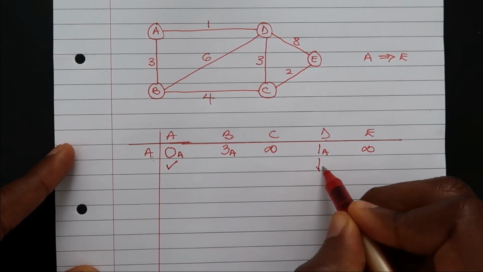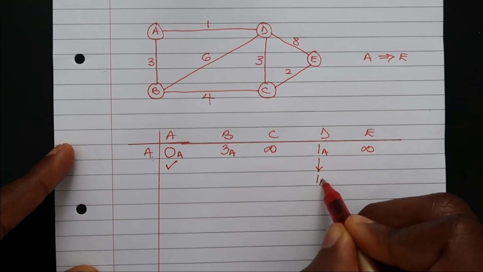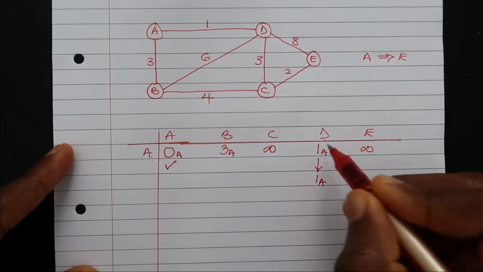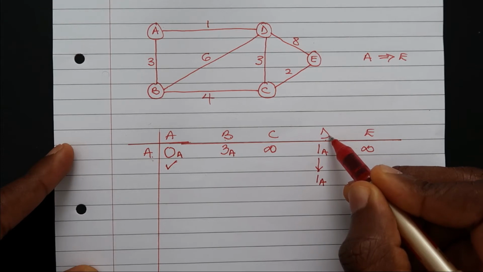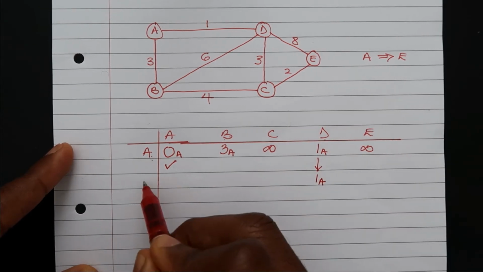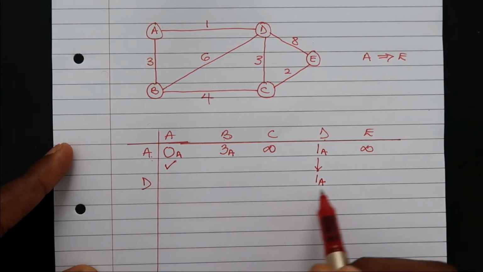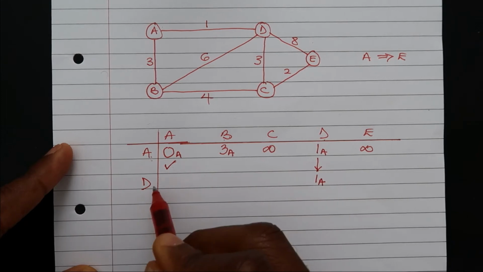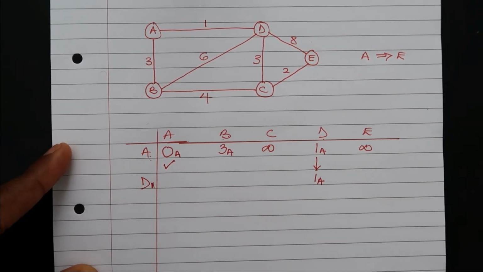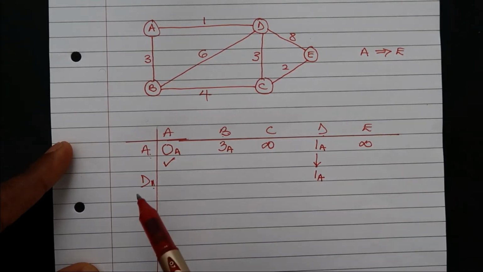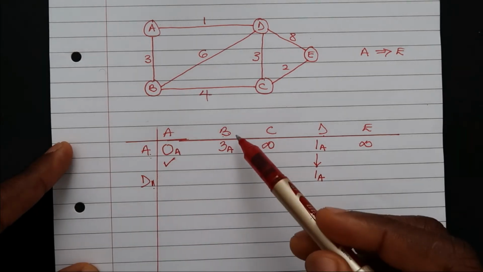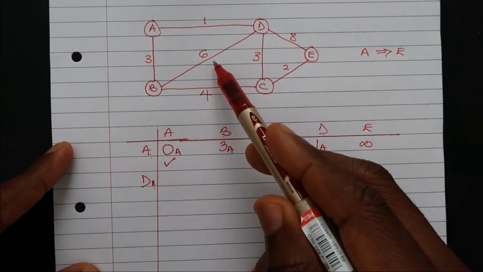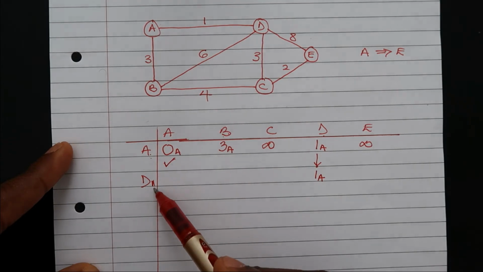So I'll bring down this node. I'll say 1A, and the node I want to explore now will be D. And the best weight, so the best distance from D to A is 1, and I'll just put that 1 there. Now D to B is 6. 6 plus 1 is 7.